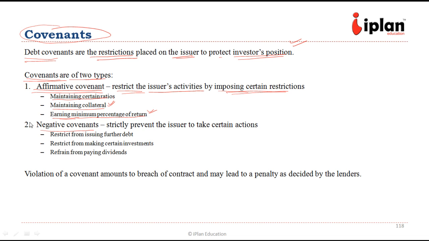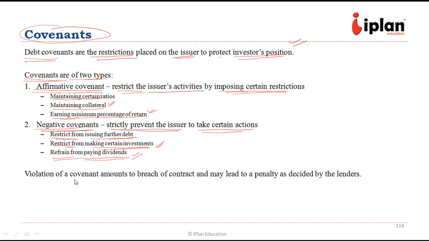On the other side, there are negative covenants where the bond issuer is prevented from taking certain actions by the investors. For example, the company is restricted from using further debt, so they cannot issue further debt, or is restricted from making certain investments which are riskier, and the lenders can also restrict paying dividends.